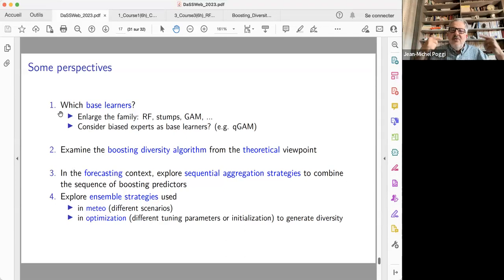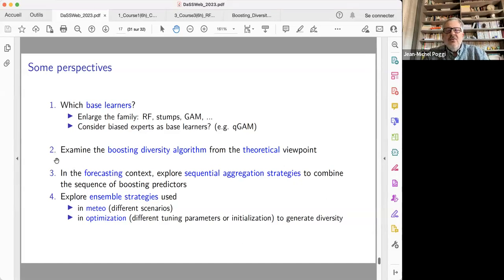But of course, if now you imagine that you have some biased experts, for example, experts overestimating the values, we have this when you combine some models which are deterministic and some models which are statistical ones. In general, the first are flat, for example, in pollution data and in cities, and the other ones quite overestimate. So it could be of interest to consider some biased experts. So that is one way to take.